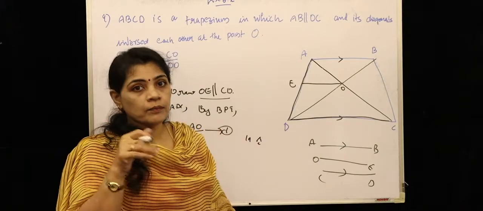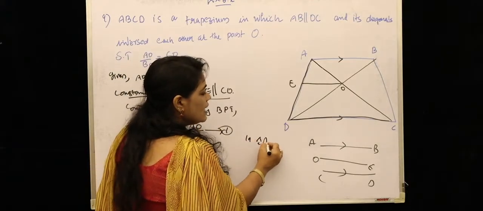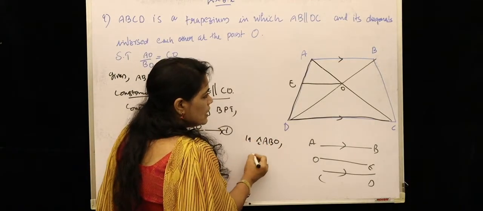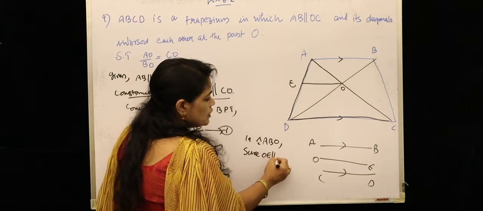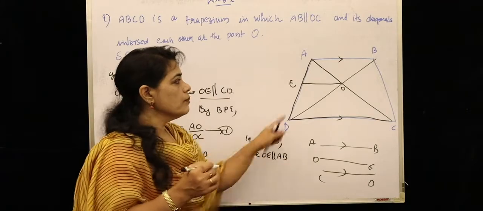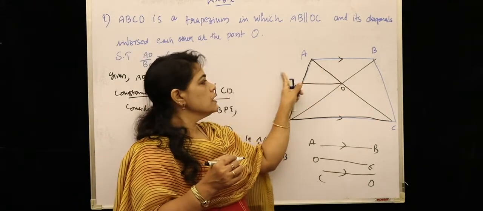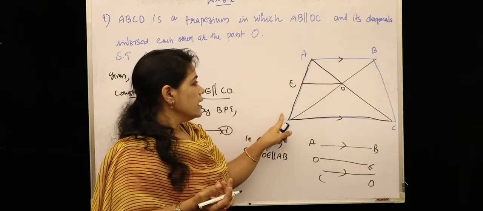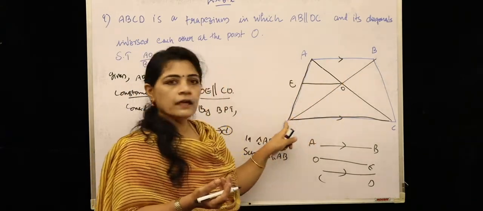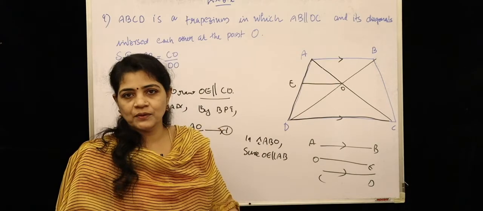In triangle ABD, since OE is parallel to AB, the other two sides AD and BD are divided in the same ratio.